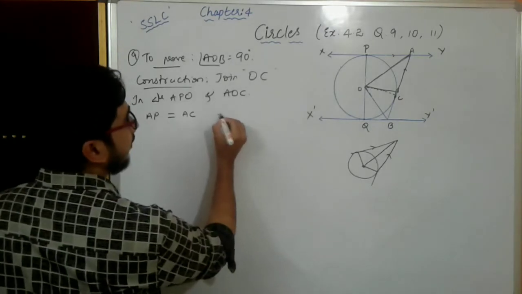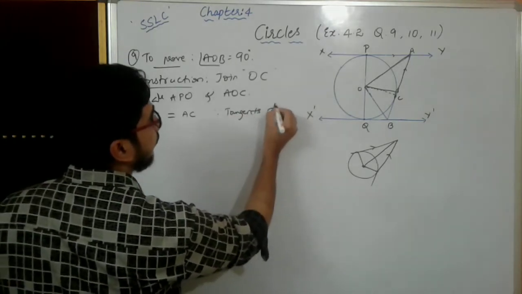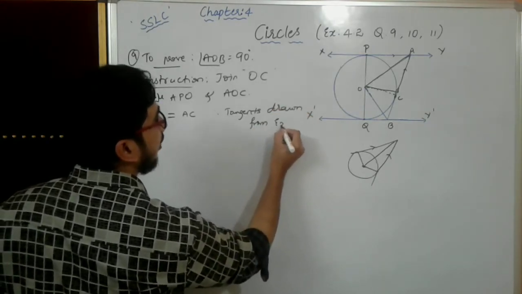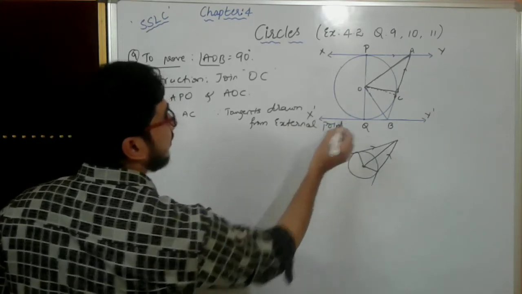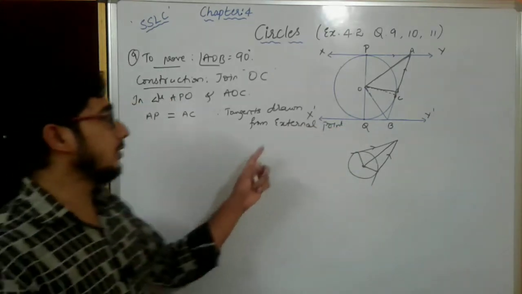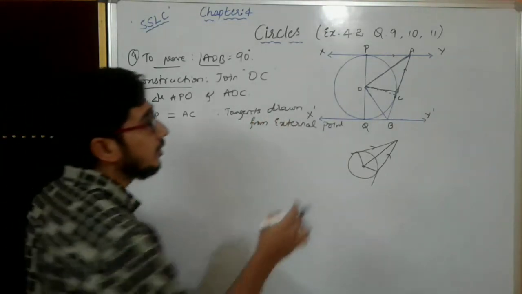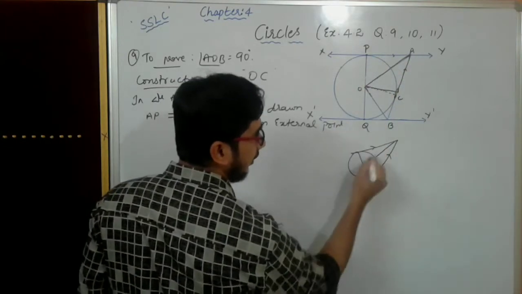Why? Tangents drawn from an external point are equal. That theorem is done now in 4.2. That is over. Now for these 2 triangles, this line is common.